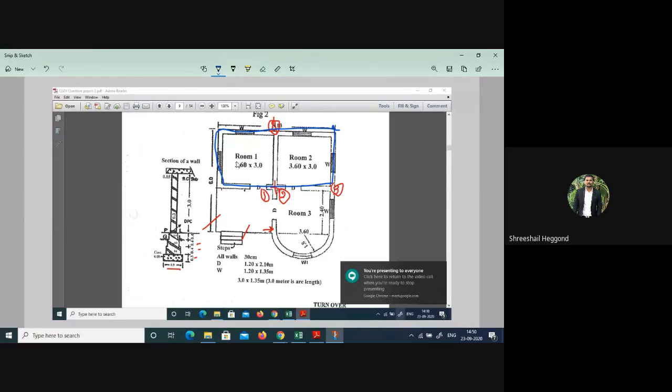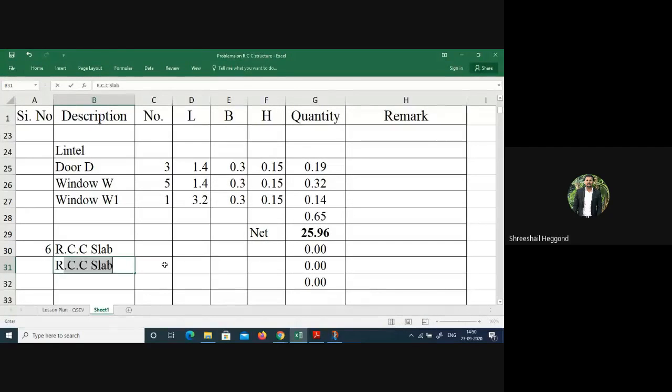Rectangular portion, out to out dimensions are 8.1 and out to out dimension of vertical side is 3.6, because internal is 3 meter, and on both sides 1 wall thickness you have to add, that will be 3.6. Therefore room 1 and 2: number will be 1, length 8.1 out to out dimension, breadth 3.6, and height 0.15.